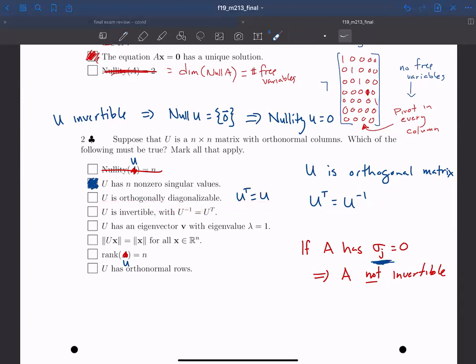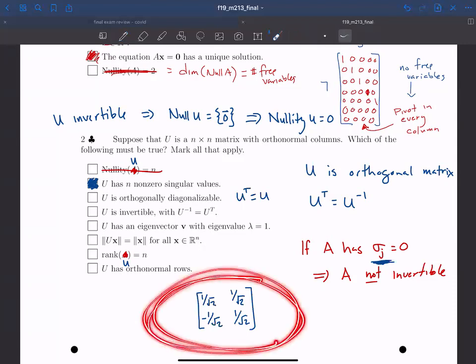Now, in this case, if we know that our matrix is orthogonal, it doesn't have to be symmetric. So for example, here's an example of a matrix which is orthogonal but not symmetric, and therefore this matrix is not orthogonally diagonalizable.